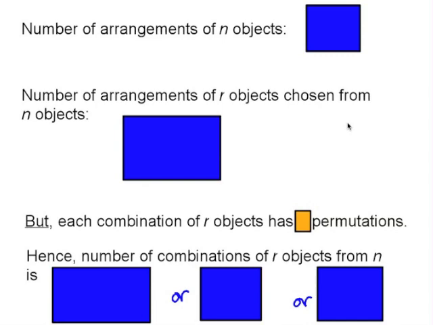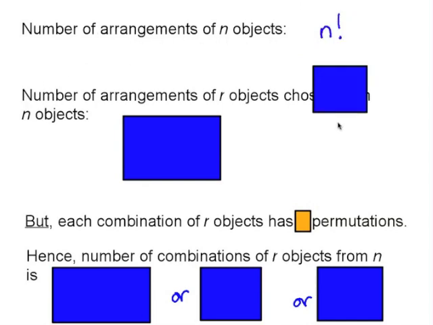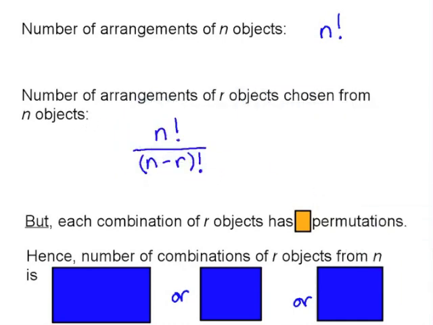Generalising some of these ideas. If we just want to arrange n objects, it's n factorial. If we just want to arrange some of the n objects, so R objects chosen from n, we take the n factorial and divide by n minus R factorial. But remember that each combination of R objects itself has R factorial permutations.